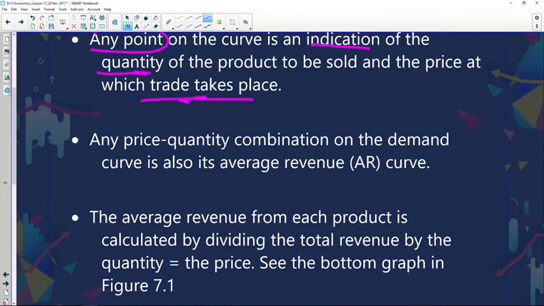Any price quantity combination on the demand curve is also its average revenue curve. Okay, we'll go and establish that. And then the average revenue from each product is calculated by dividing the total revenue by the quantity, which will then be equal to price. And then figure 7.1 will show us all of this.